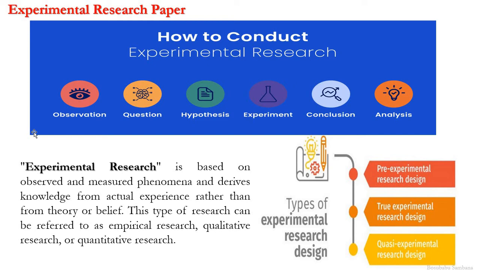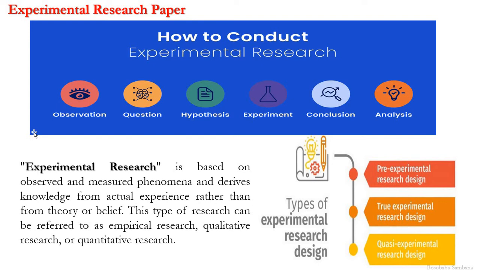Generally, three types of research designs are categorized: pre-experimental research design, true experimental research design, and quasi-experimental research design. If you plan to go through your research work in an experimental way, you must identify the various factors involved in conducting experimental research.